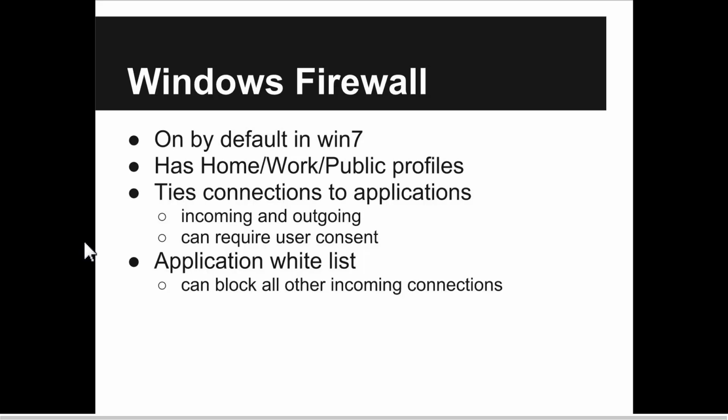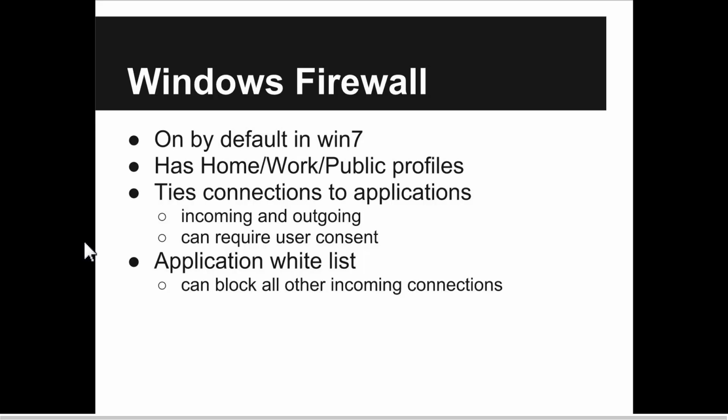So Windows Firewall is on by default in Windows 7 and later versions. There are different profiles for home, work, and public. It's really interesting because it allows users a lot of flexibility, and it's much easier to configure than iptables and any GUI-based Linux firewall editor.